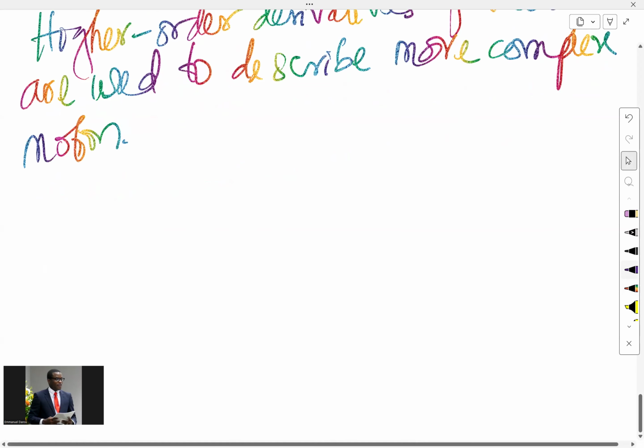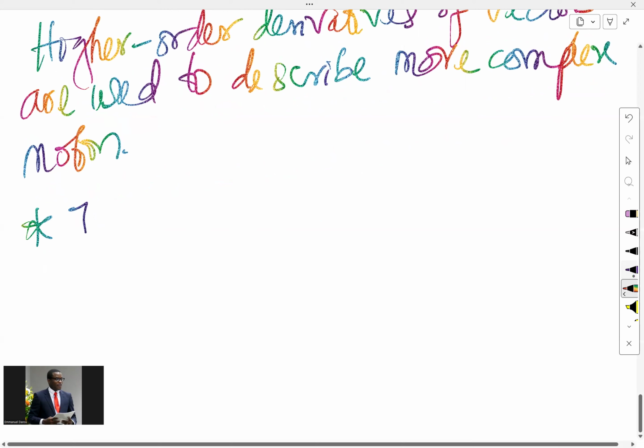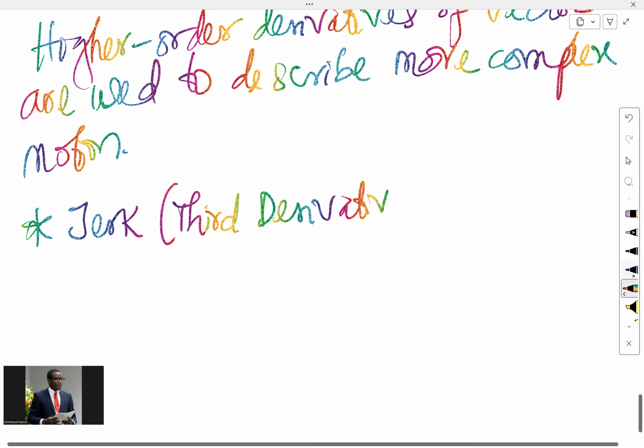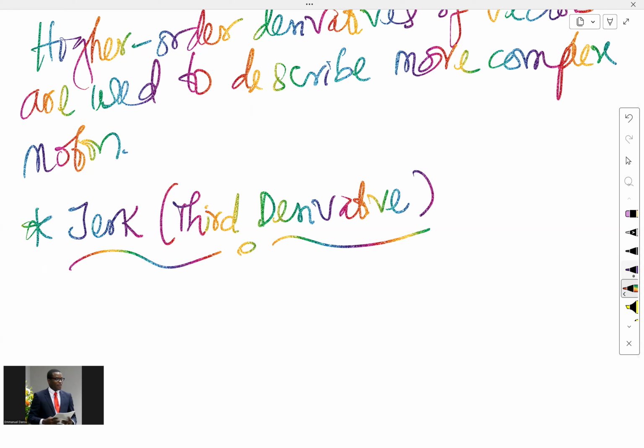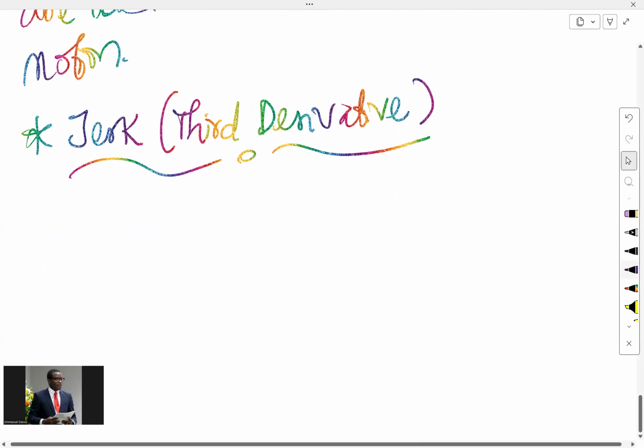And of course, the first one there is actually the jerk, and that is the third derivative. Now that means you have the position vector, differentiate it to get velocity, differentiate velocity, you get acceleration. Interestingly, you can differentiate acceleration to get what is called the jerk, J-E-R-K. That's the third derivative of the position vector.